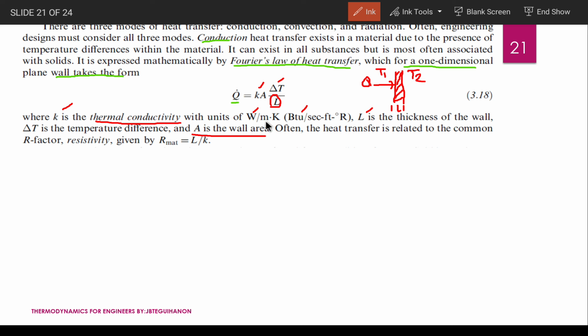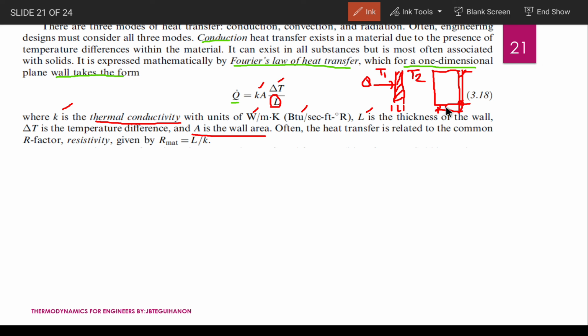Yung area naman, kapag tinignan mo rito sa side na to, depende. Kung drawingin natin yan, malapad yung wall na yan, halimbawa. Kunin mo yung sukat na to. Area yan.